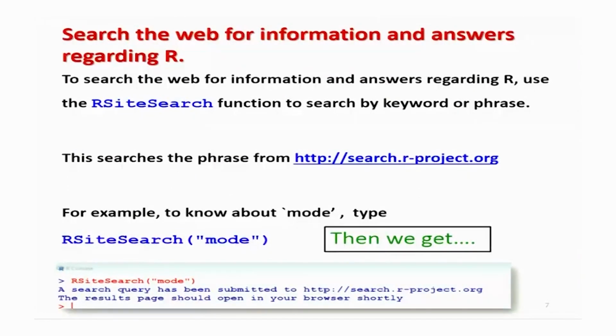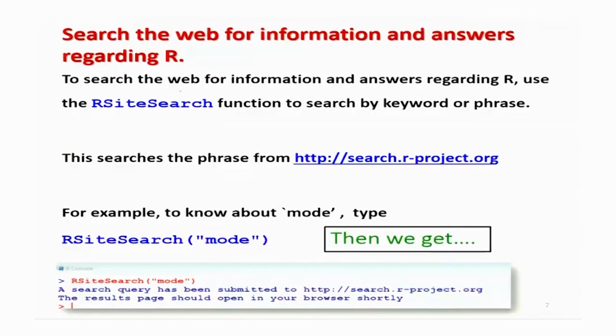The next command is for when I want to search for some information on the web. One option is that you can go to any search engine, type the question there and get it done. But within R also we have a provision.